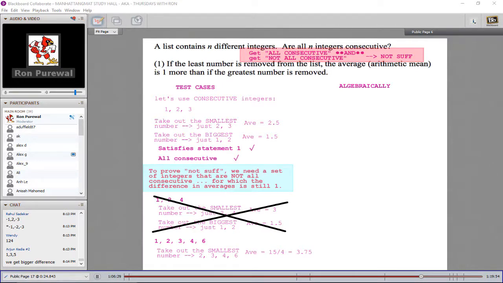If you take out the biggest number, then that's 1, 2, 3, 4, and the average is 2.5. Still bigger than 1. So it doesn't satisfy the statement.